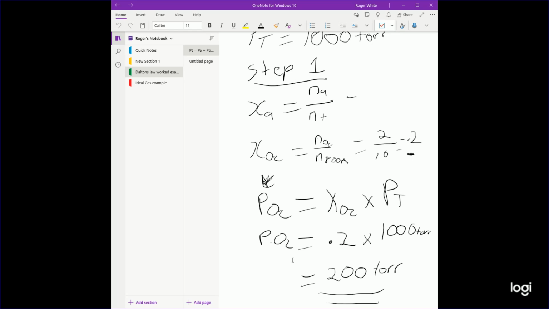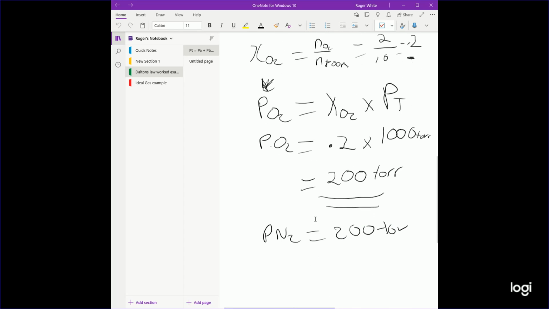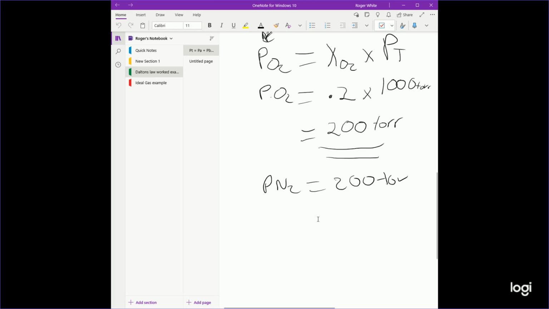So your pressure of nitrogen is going to be 200 torr. And what's our pressure of the argon? It's going to be 600 torr. And if you add those all up together, it's going to equal what we were looking for originally, 1000 torr.